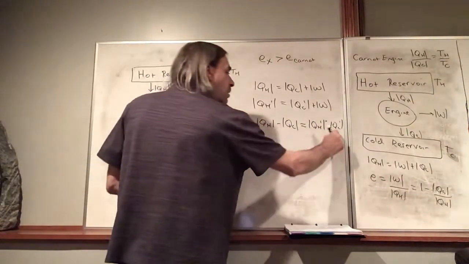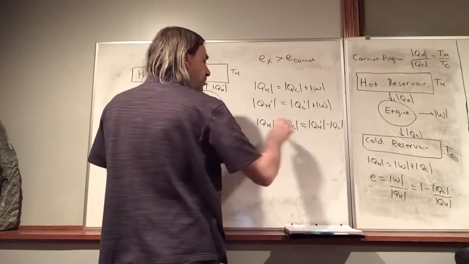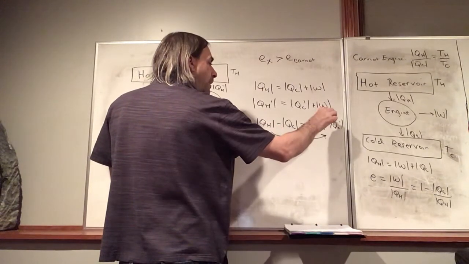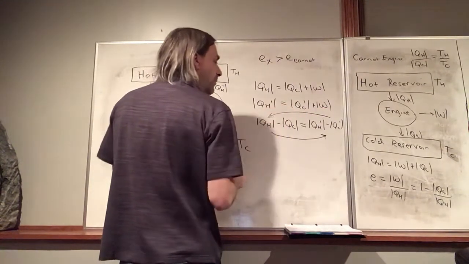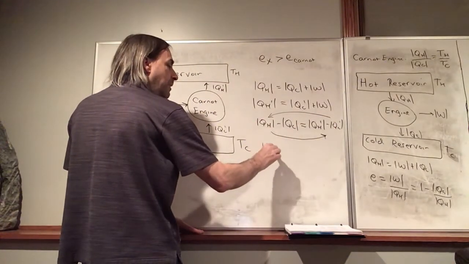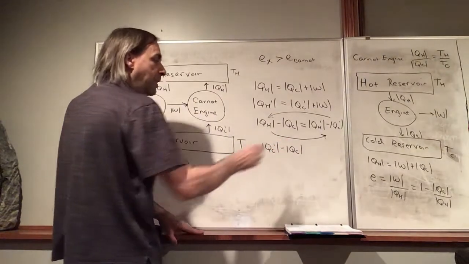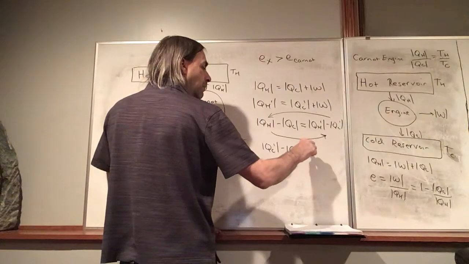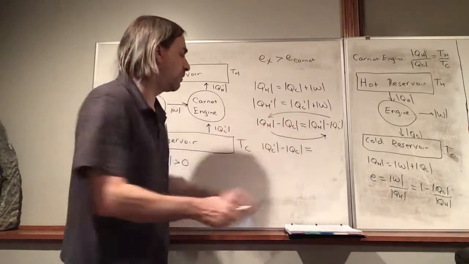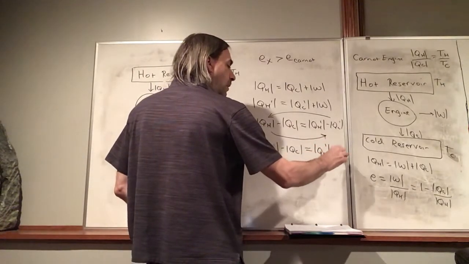So let's bring this term over here, in a few steps. Let's bring this term over here and this term over here. So moving this over here, we're going to have QC prime minus QC. And on this side, we move this over here, and then we're moving this over, so we have QH prime minus QH.